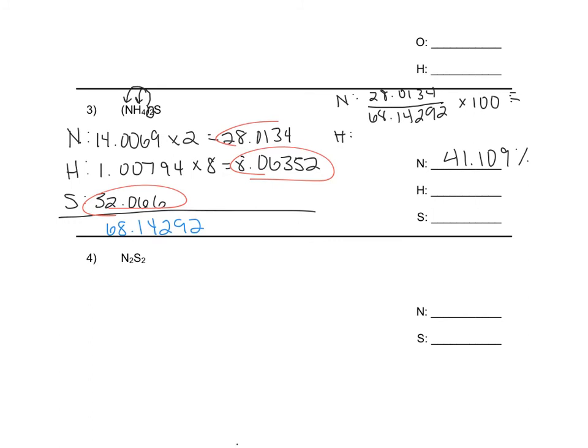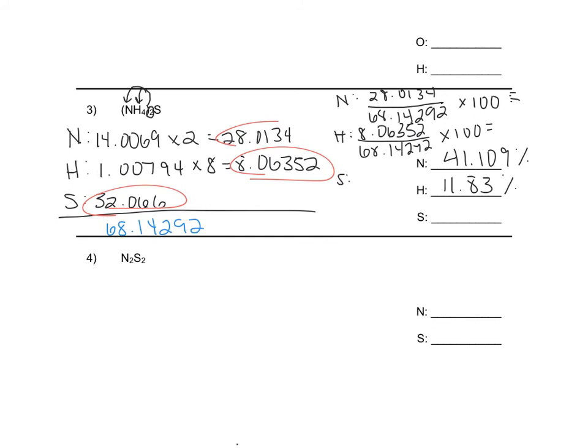Okay, I'm going to do the same thing for hydrogen, so I'm not going to really talk through that. I'm just going to write it in here, and you can kind of watch me. My stylus isn't working, so that's great. Times 100, and we end up getting 11.83%.